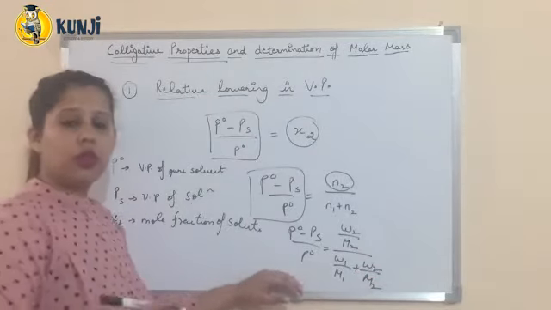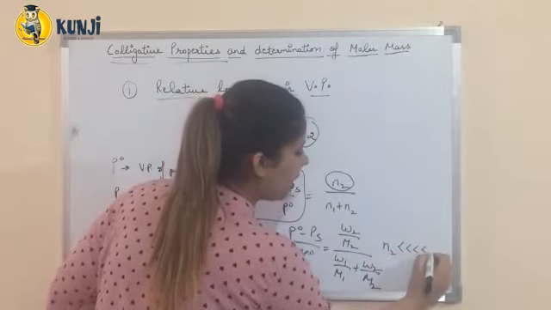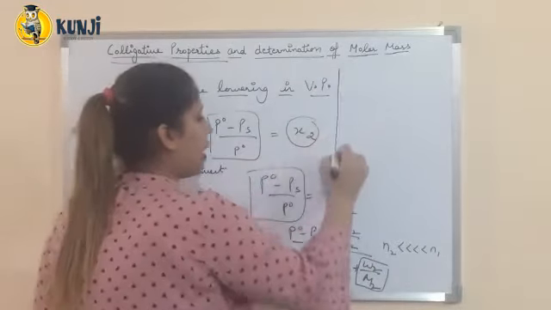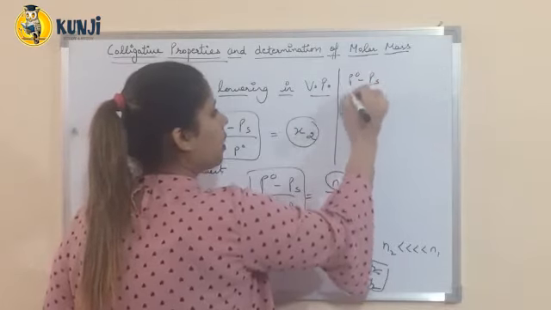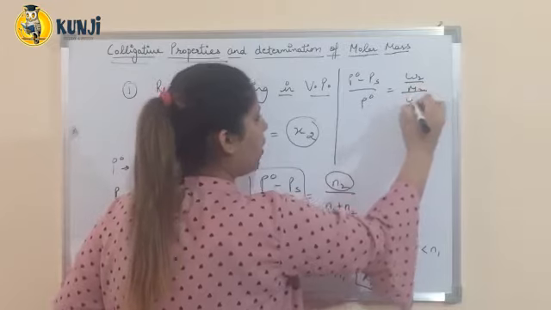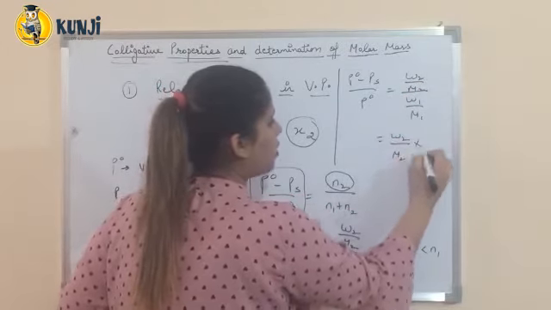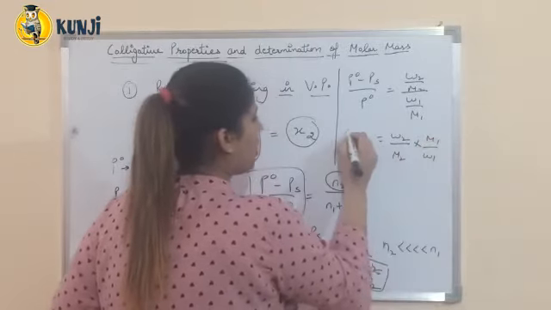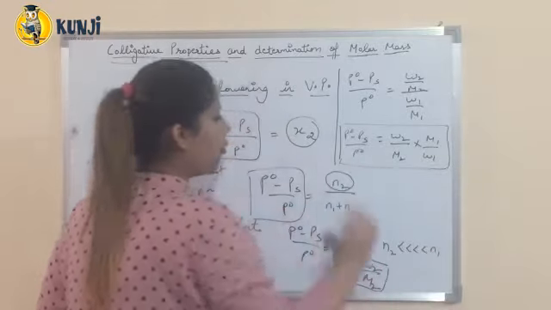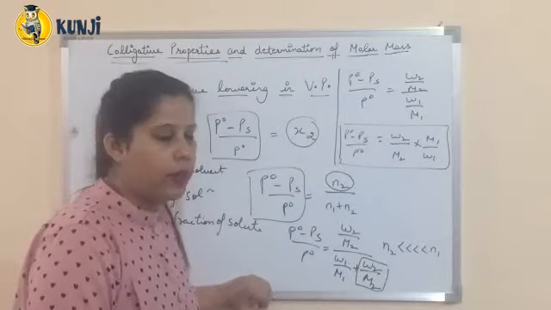Now if the solution is dilute, then N2 will be very much less than N1, so this term can be neglected. So at last we will get P0 minus Ps over P0 is equal to W2 over M2 divided by W1 over M1. This is the formula for determining the molar mass by using the relative lowering in vapor pressure.